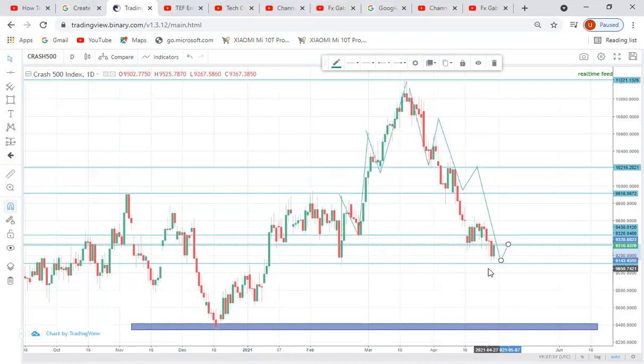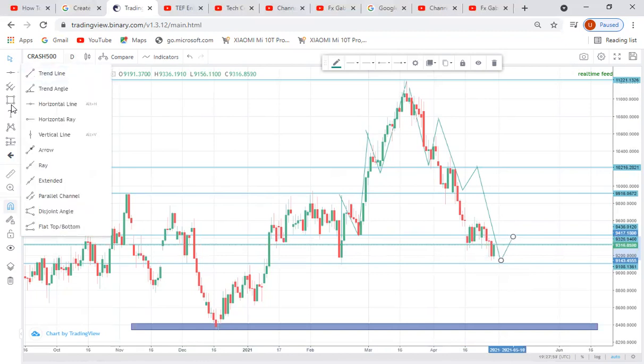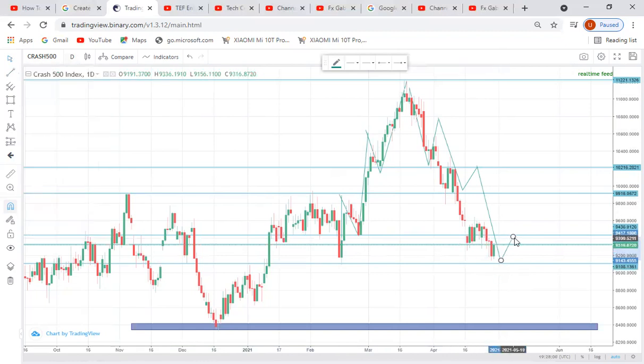So now what I'm trying to say on the daily analysis, whether the market will retest or not retest, I'm expecting this buy to get to here at least. When the buy gets to here, we can see what happened.